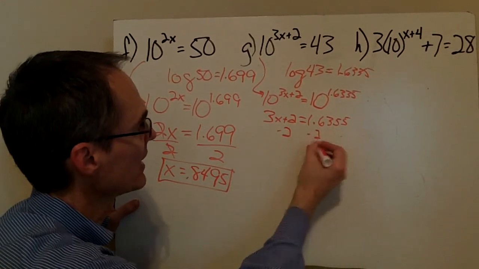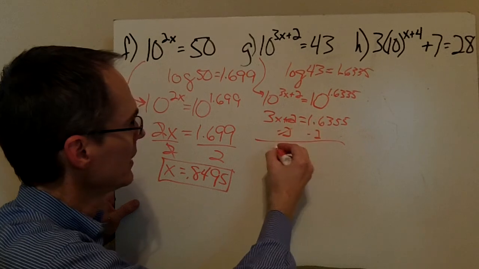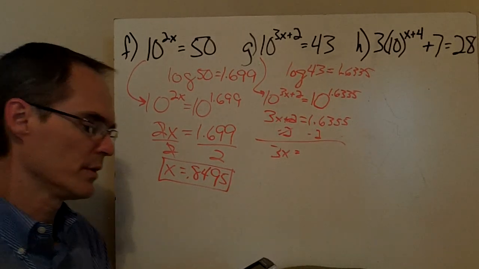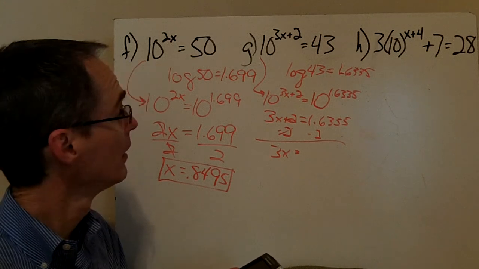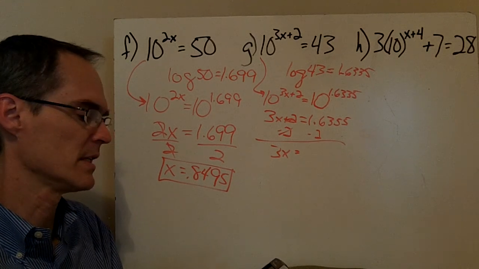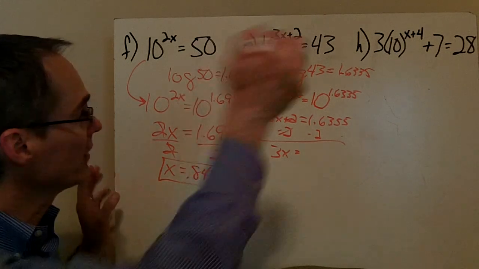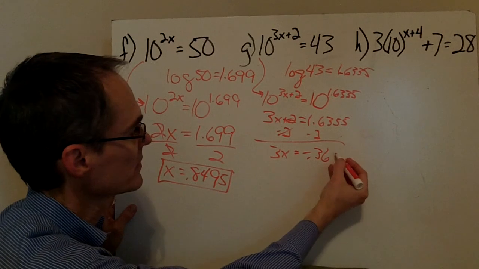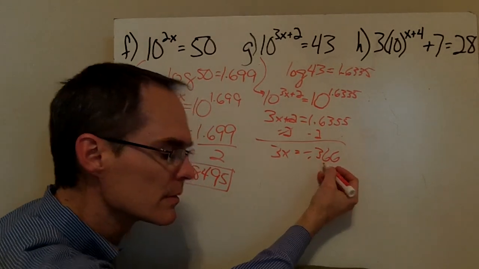Subtract 2 from both sides. That gives me 3x equals 1.6335 minus 2, negative 0.3665.